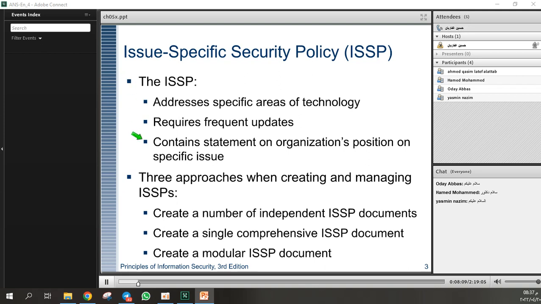And inside those policies, I should state my organization's position in relation to this specific issue. The position is this, something like this. Okay, I should define that position related to that specific issue.